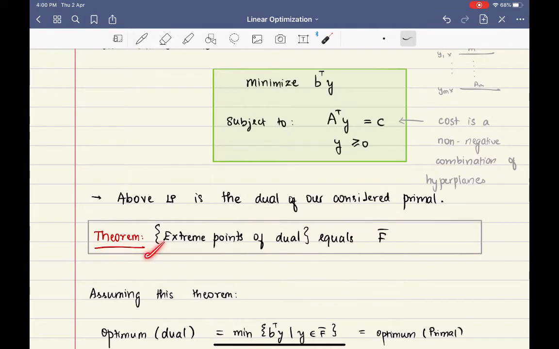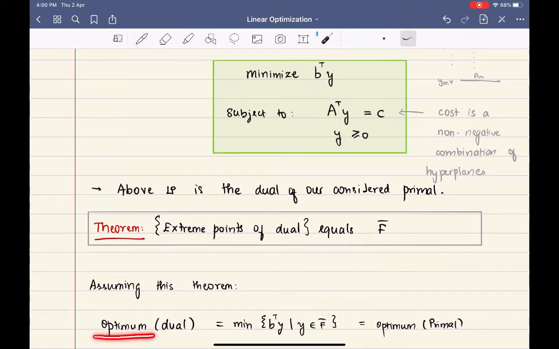So suppose this theorem is true, the optimum of the dual will be the min over all extreme points.